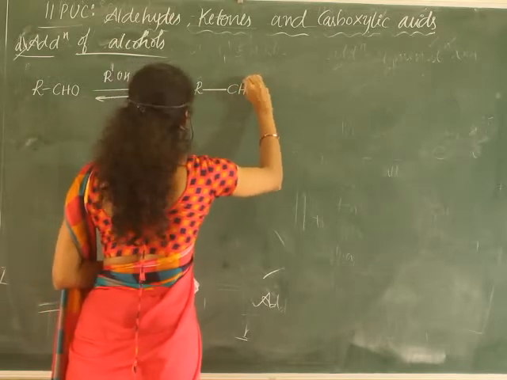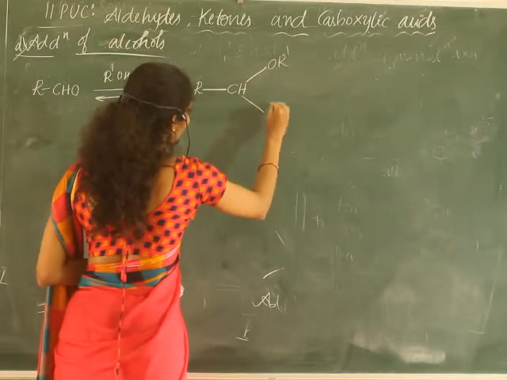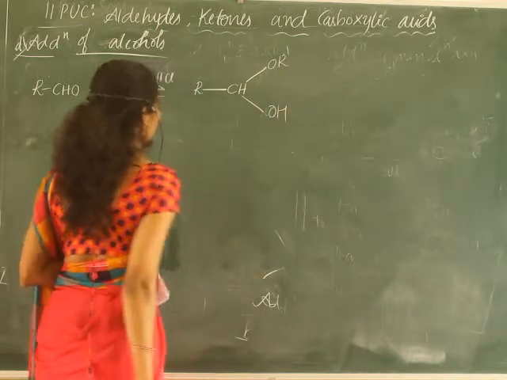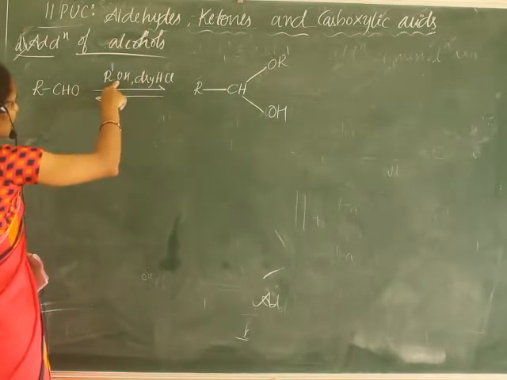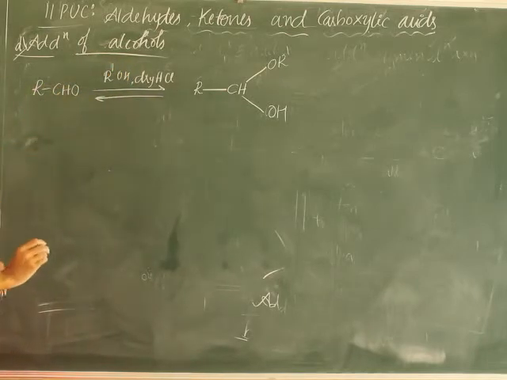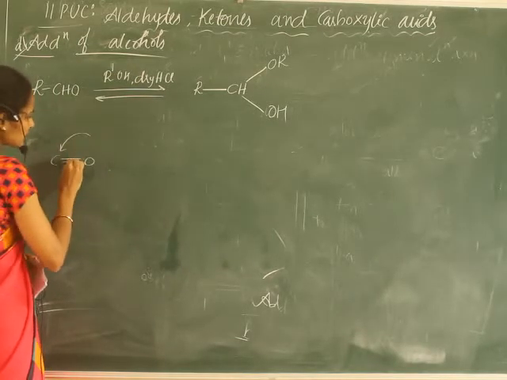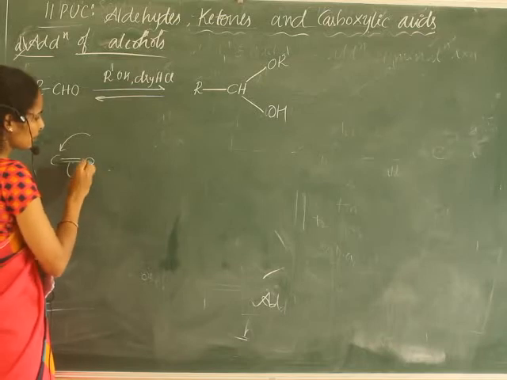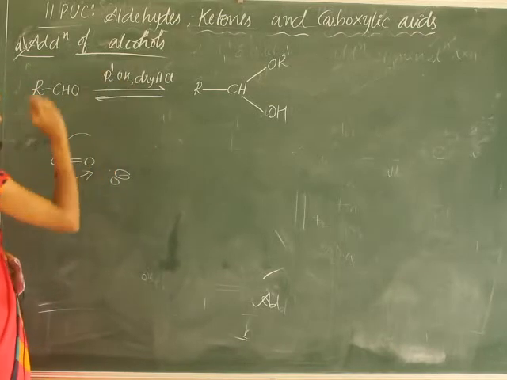RCH(OR')OH. Here R'O minus attacks the carbonyl carbon, and as we know the bond shifts over here and this becomes O minus, and attack of this hydrogen takes place.